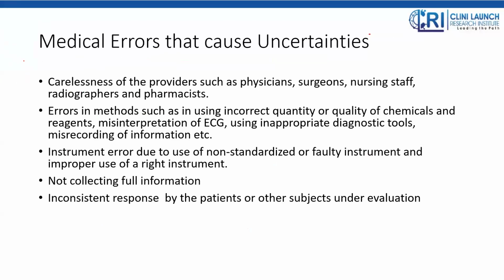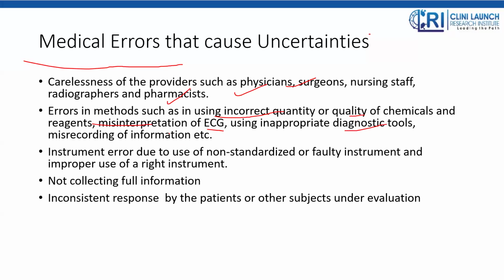Medical errors also might cause uncertainties, like carelessness of the providers, such as physicians, surgeons, nursing staff, radiographers, pharmacists, how they are providing the drugs, how they are handling the drugs, errors in the methods like issuing incorrect quantity of the drug or quality of the chemicals, reagents while doing the manufacturing of the drug, misinterpretation of ECG report, or inappropriate diagnostic tools or very faulty tools, misrecording information.